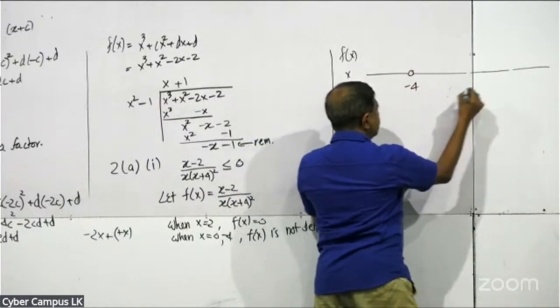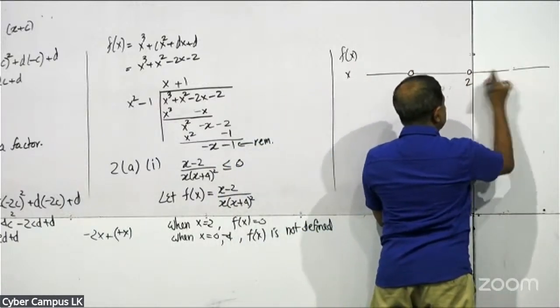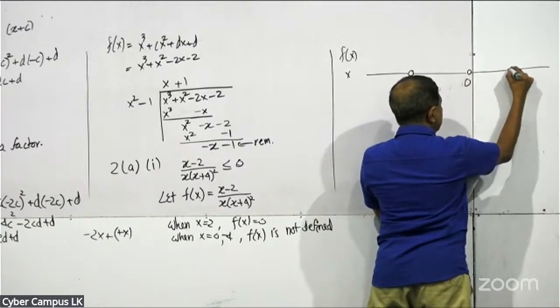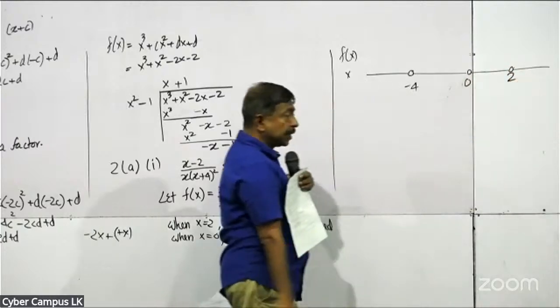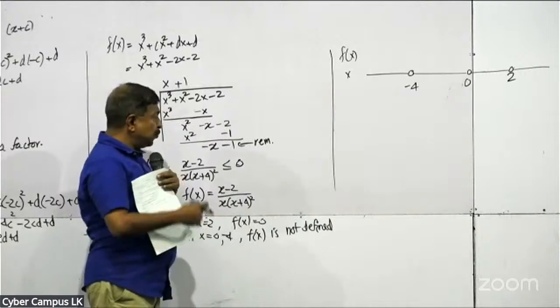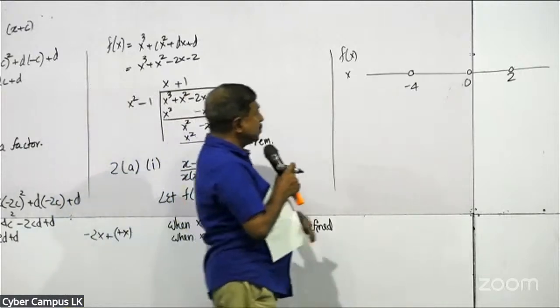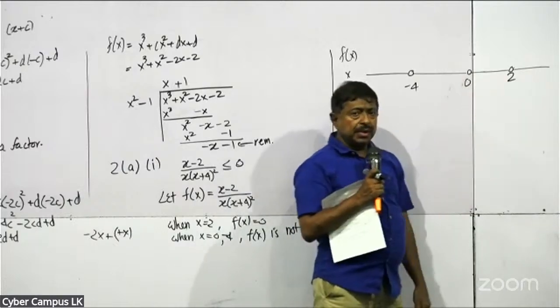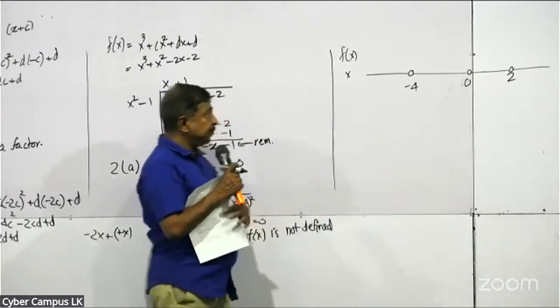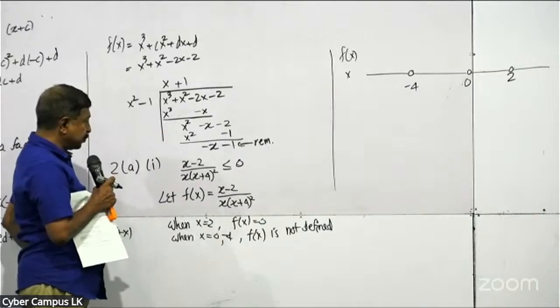It is a number line, so you have to write it in the correct order. Now find the sign in each interval. These 3 points divide the entire number line into 4 intervals.